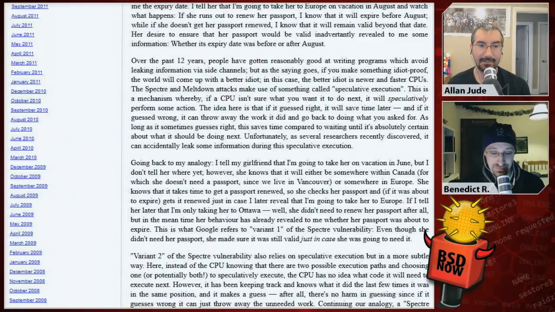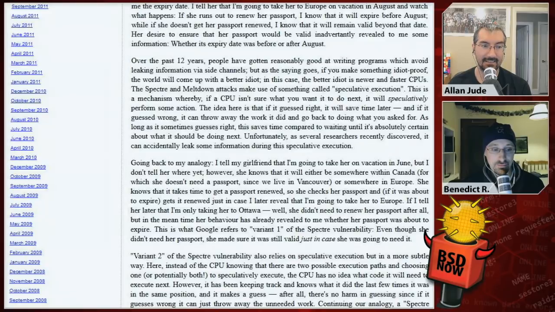So looking at Spectre variant 1 with the speculative execution, this is where the processor guesses what you might be doing in order to get the right answer. So, an analogy for Spectre variant 1: I tell my girlfriend that I'm going to take her on vacation in June, but I don't tell her where. However, she knows that it'll either be somewhere in Canada, in which case she doesn't need a passport because they live in Vancouver, or it'll be somewhere in Europe, in which case she does need the passport.